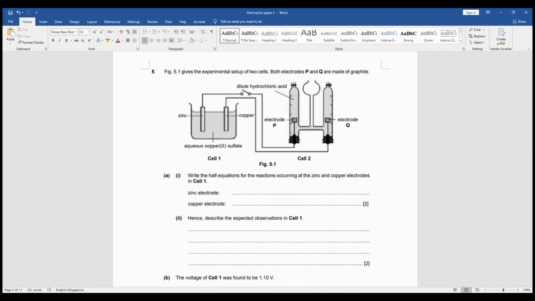Zinc, being the more reactive metal, will tend to lose electrons: zinc becomes zinc 2 plus plus 2e, the more reactive electrode. Copper is forced to take electrons: copper 2 plus plus 2e gives copper.